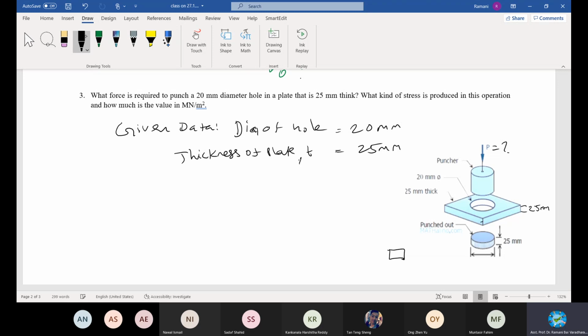Due to deformation, it will shear parallel to the loading. The shear stress is not given. Load is not given.